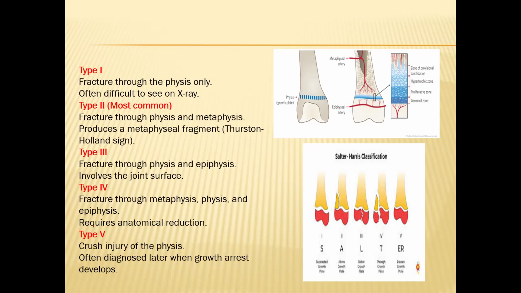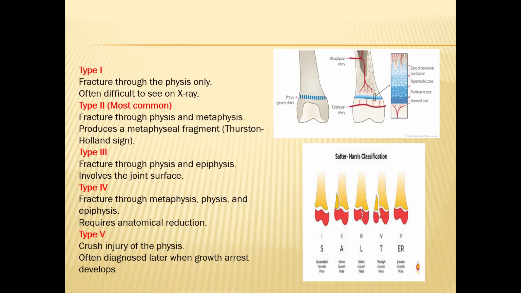This classification is very important clinically, because we should classify the fracture according to it, and this defines the treatment of the patient also. Type 1 may not need any intervention; we can manage this conservatively by applying a posterior slab or cast.